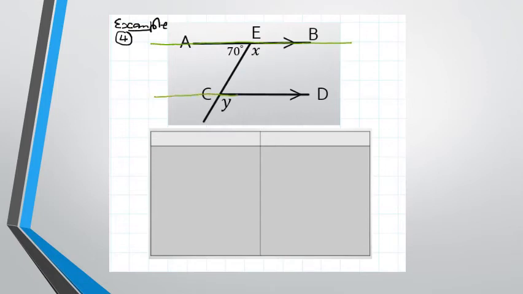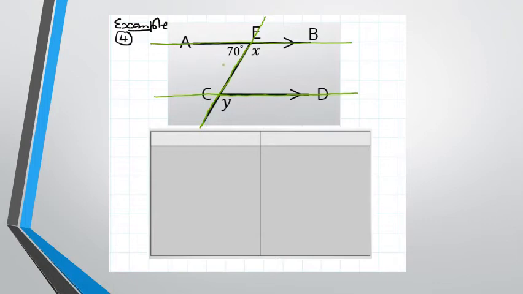Because remember the definition of parallel lines: two or more lines, same distance apart. The transversal line must intersect two or more lines. There I have my sketch, and I see the properties of parallel lines.